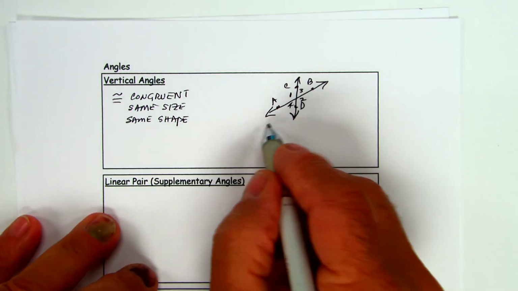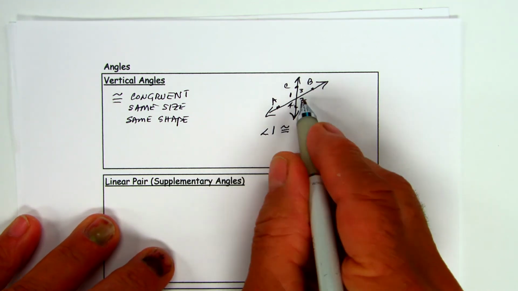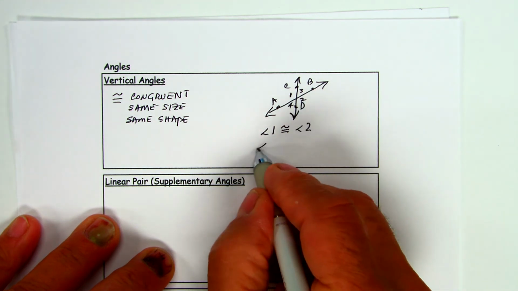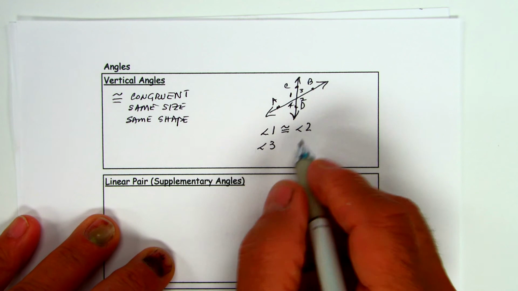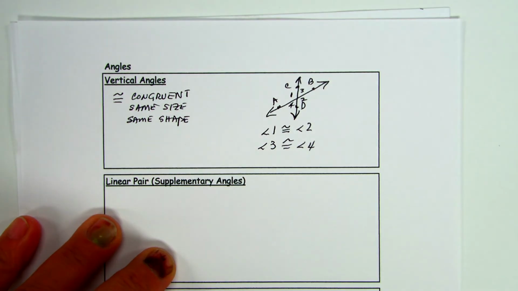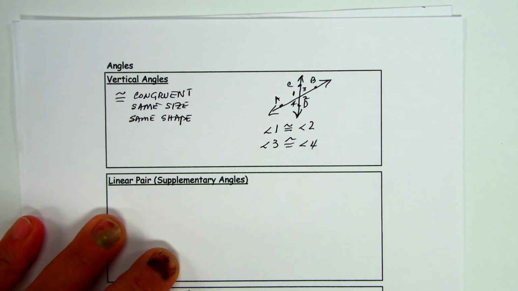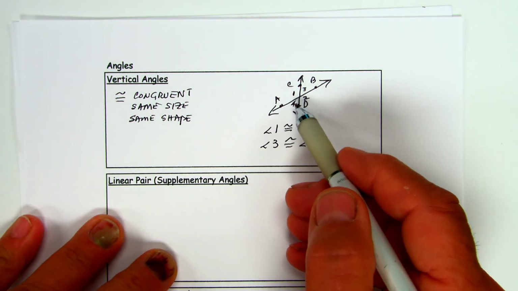Here we would say that angle 1 is congruent to angle 2, and angle 3 is congruent to angle 4. So anytime two intersecting lines cross, we form vertical angles, and the ones across from each other will be congruent. These will usually be a different measure, but they will be congruent.